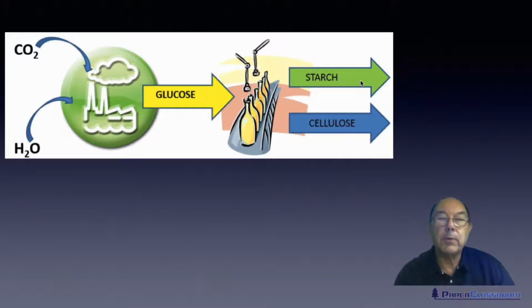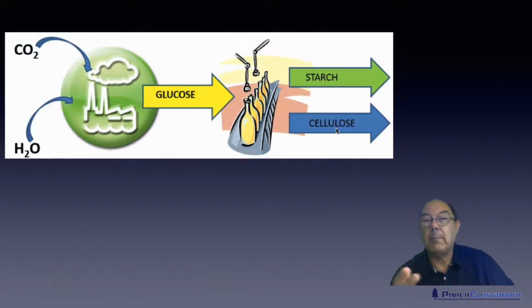So if the plant wants to store energy for the future, it makes starch and then stores it somewhere. On the other hand, it can also produce what we're really interested in, which is cellulose. Now, the cellulose is the structural part of the plant. So this is the stem and the leaves.